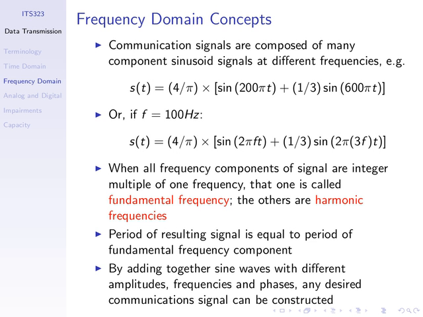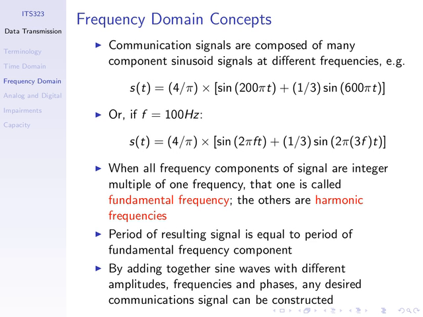If I were to draw a plot, this is a plot as a function of time, the signal S of t. Looking at component 1, S_A of t, the equation is sine 200 pi t.